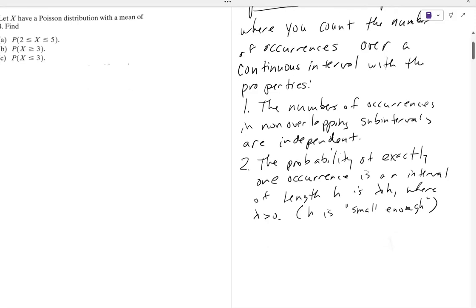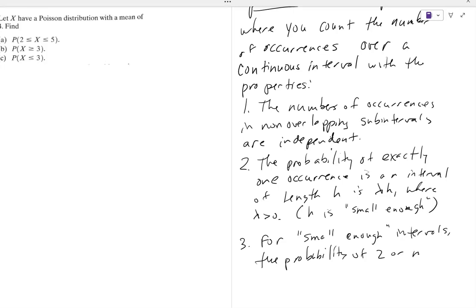Okay. Then the last part is that for small enough intervals, the probability of 2 or more occurrences is 0.